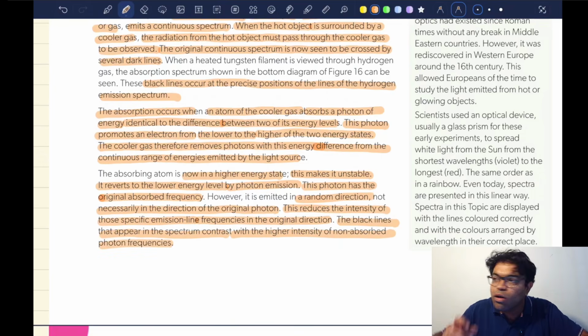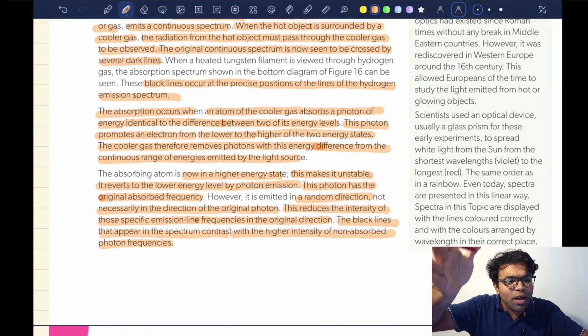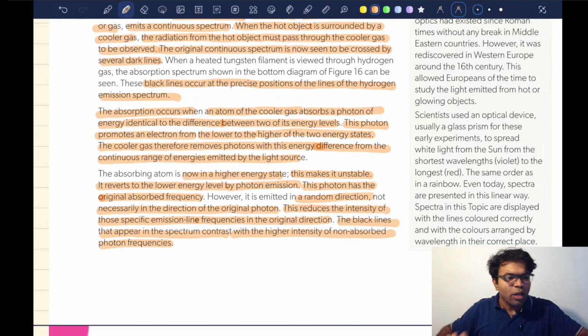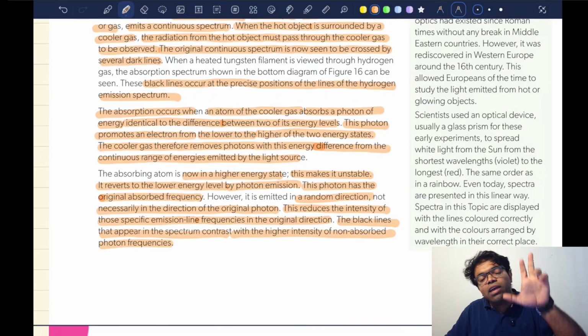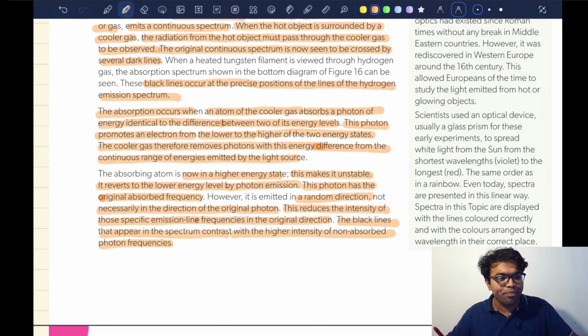Now, the black lines that appear in the spectrum contrast with the high intensity of non-absorbed photons. Because you are not interested in the 1, 2, 3, 6, 8, 9, 10. Those were bright. These photons were bright. Only the 4, the 5, and the 7 were always missing. Those missing balls will show up in the scanner.